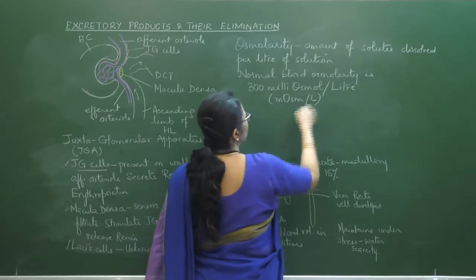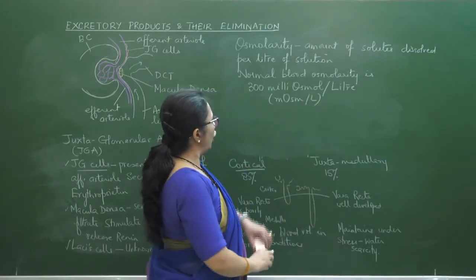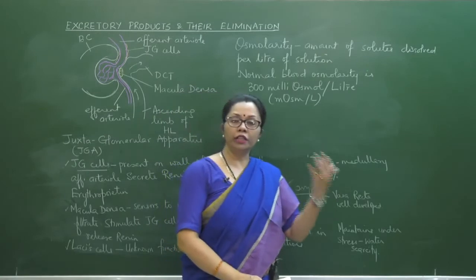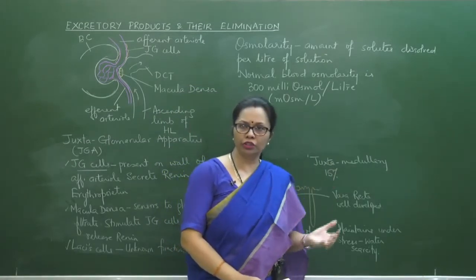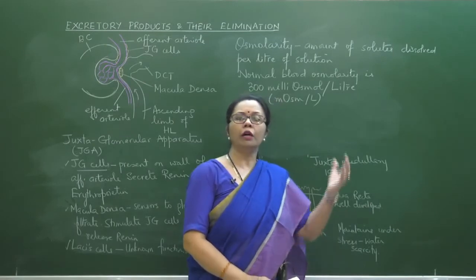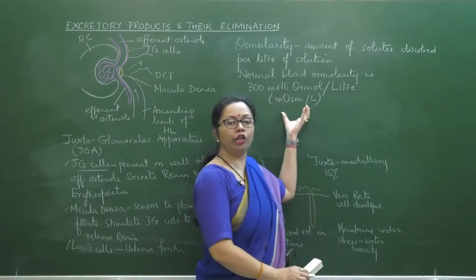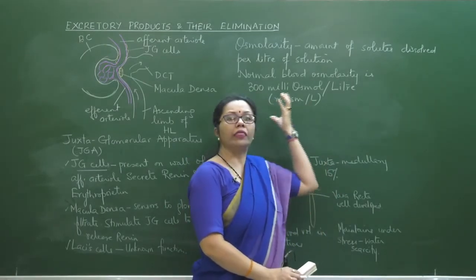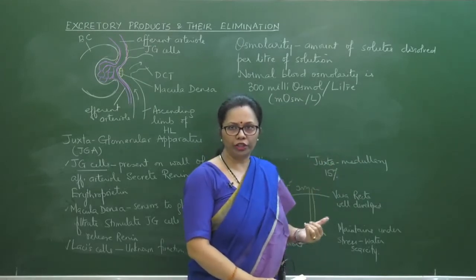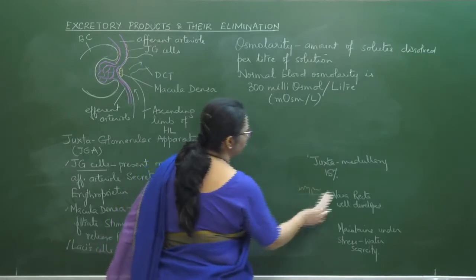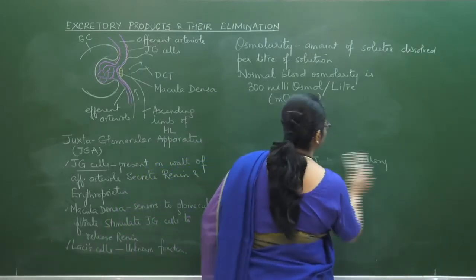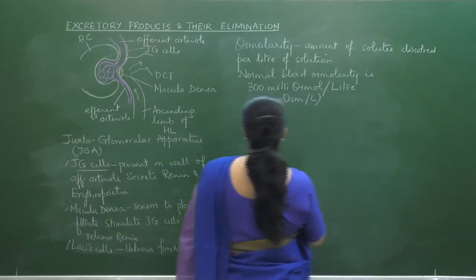So when we are talking about urine formation, the kidneys won't only be removing the nitrogenous waste of the body, but will also be maintaining normal blood osmolarity. That's what osmoregulation is, right? So the first step in urine formation is ultrafiltration.